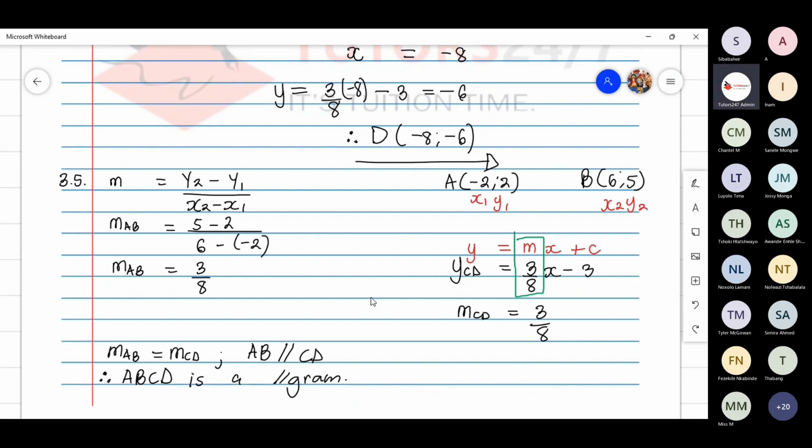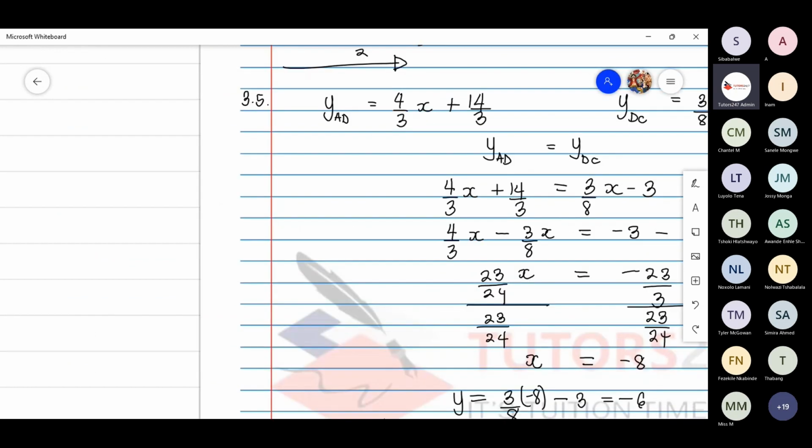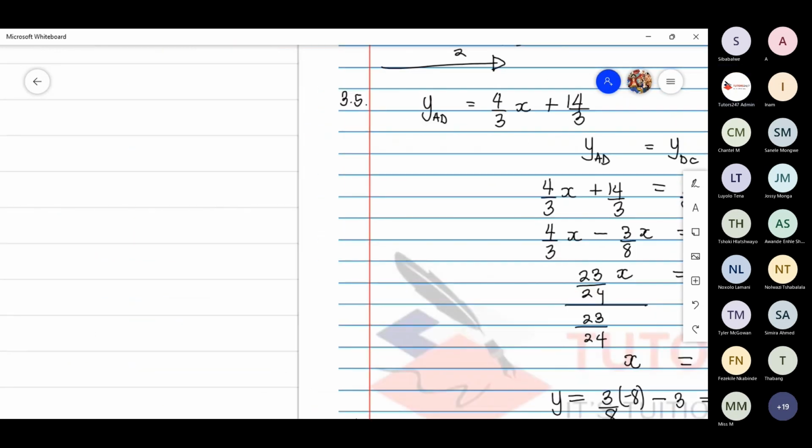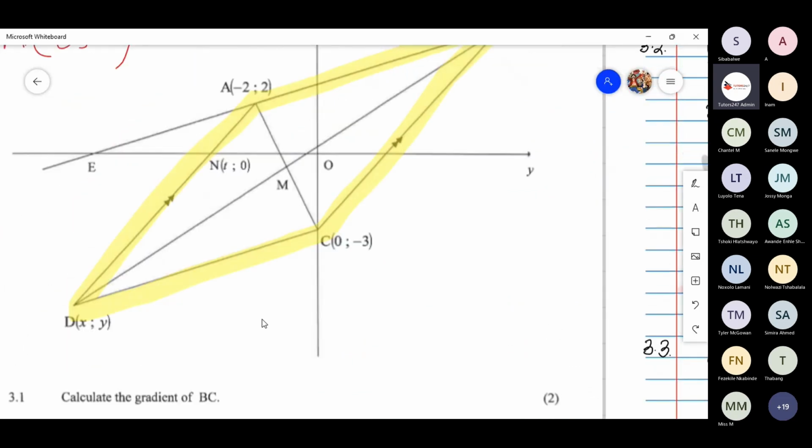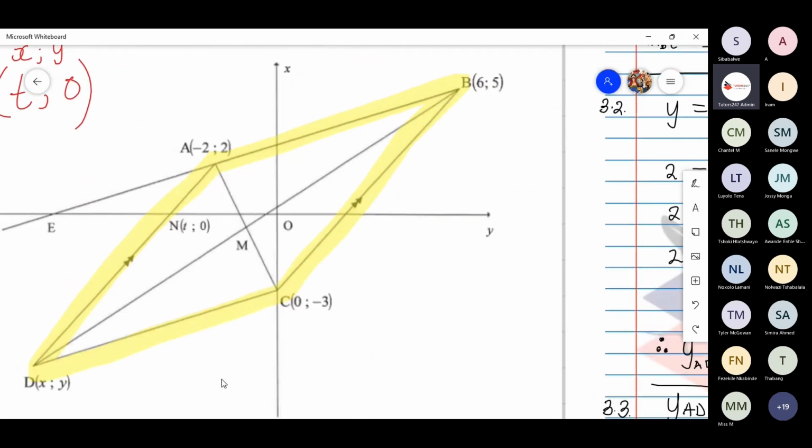But for this particular question, all we did was calculate the gradients of the two opposite sides because we already knew that it was stated by the question that AD is parallel to BC. So we didn't need to go and recalculate or reprove that because it's already given. All we now needed to do was prove that AB is parallel to CD, and we've done that.